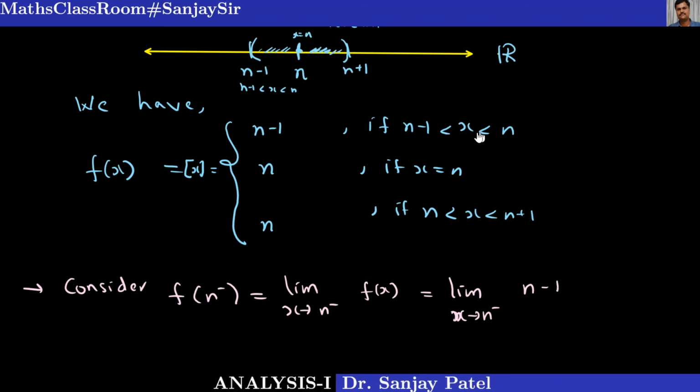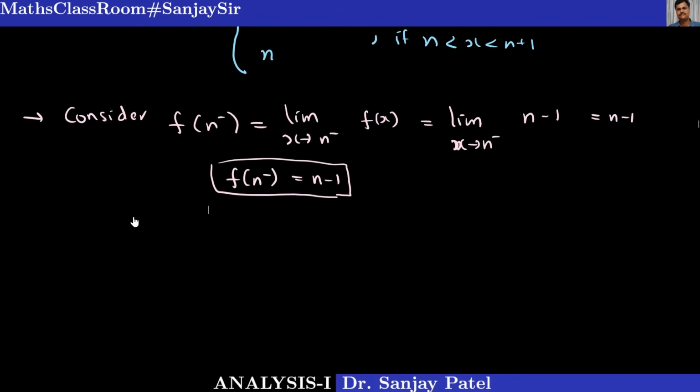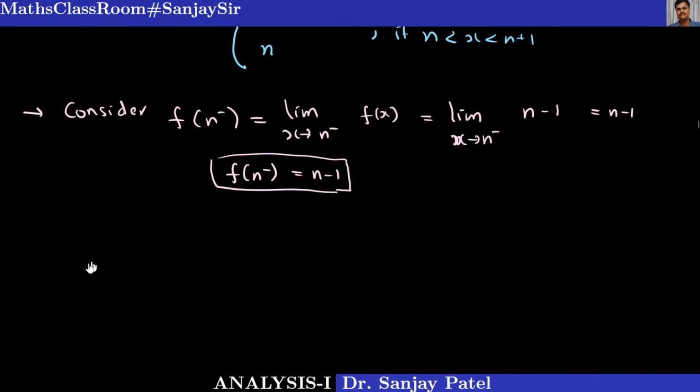For all x less than n, f(x) is equal to n minus 1. So it is a constant function, n is fixed here, and this constant function's limit is n minus 1 itself. So what I have proved here is f of n minus is n minus 1. The left hand limit of the function at the point n is n minus 1.